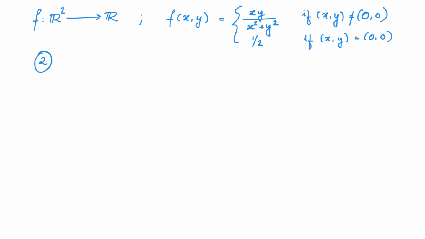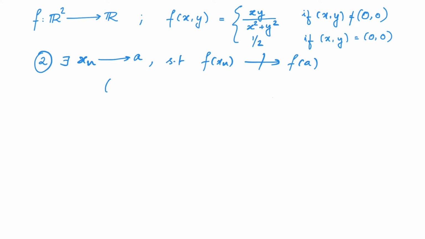Now let us use the sequential criterion for continuity to show that this function is not continuous at (0, 0). This condition states that there exists a sequence x_n converging to a such that f of x_n does not converge to f of a. So we need to construct such a sequence. Now the idea is that we observed that if we approach the point (0, 0) along different lines, we get different answers.